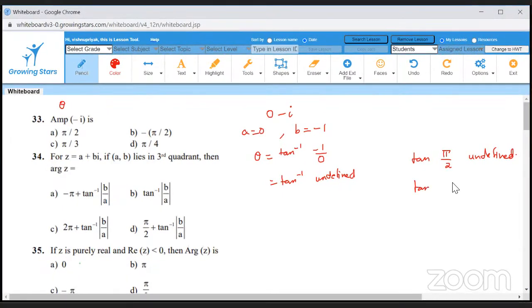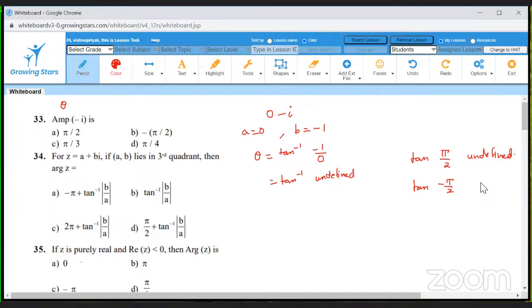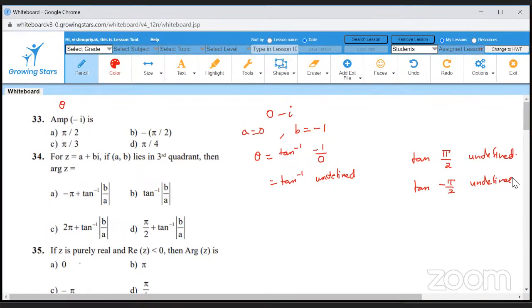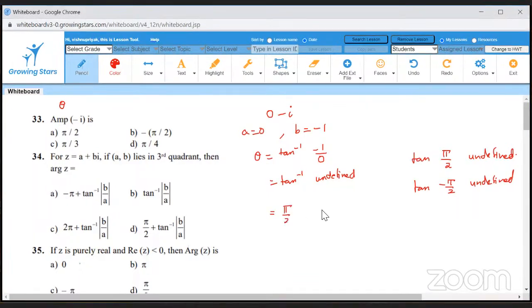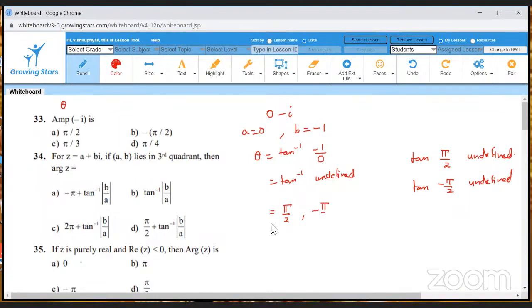Tan minus pi by 2 is also undefined, because you can see in the answer, there is pi by 2, there is minus pi by 2. Two answers are there. So it has to be either pi by 2 or minus pi by 2.